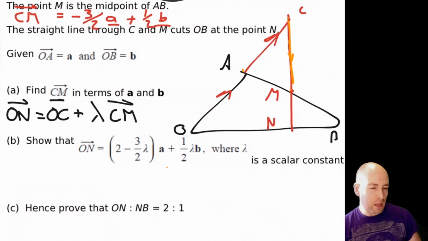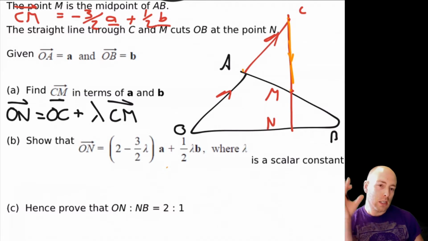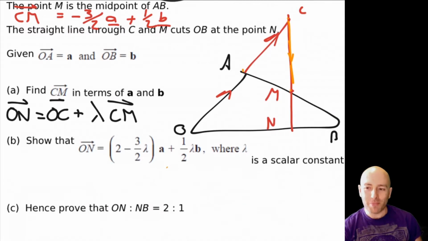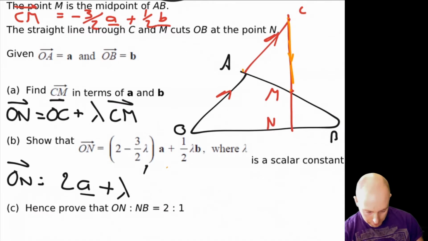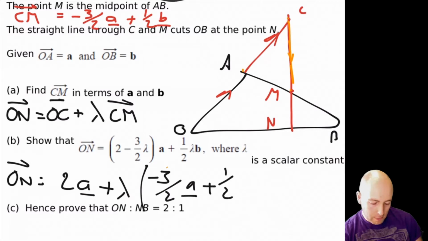CN is on the same line, so we're going to use lambda. This time lambda is going to be a top-heavy fraction, because C to N is further than C to M. Okay, so we're going to go ON equals OC, where OC is 2A, plus lambda times minus 3 over 2 A plus half B.